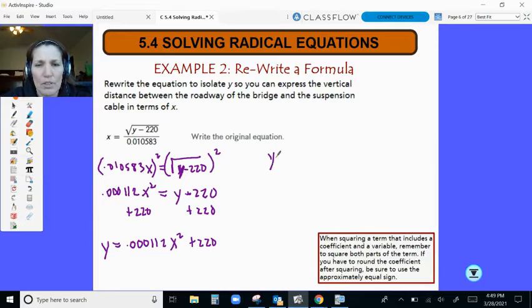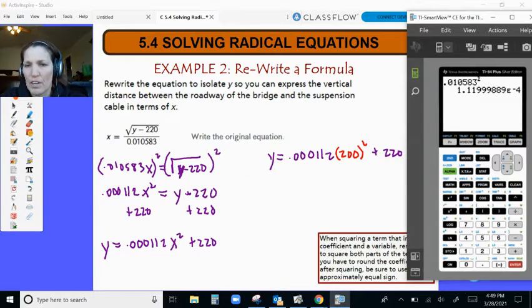Okay, so y equals 0.000112, and now we're going to plug in 200 squared for x, plus 220. So we put that over here.